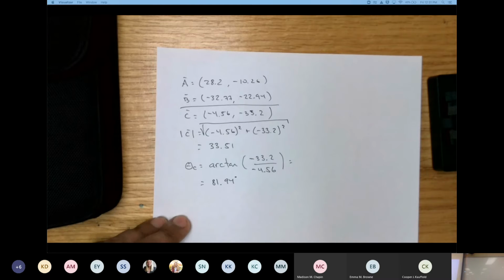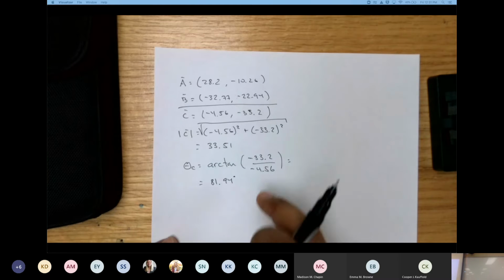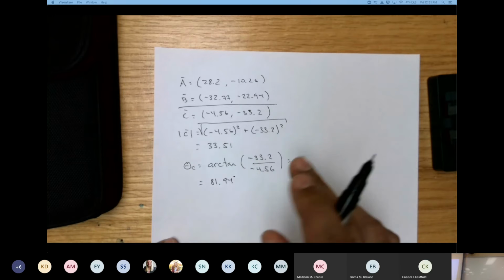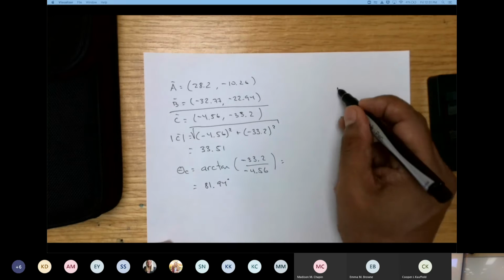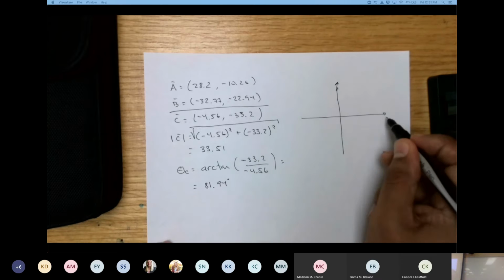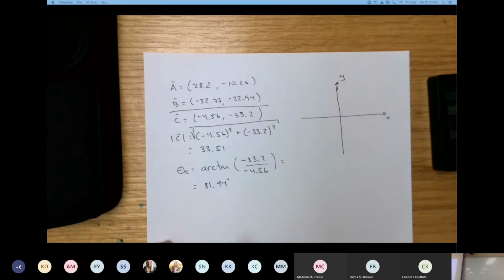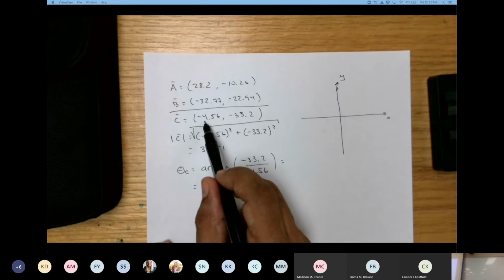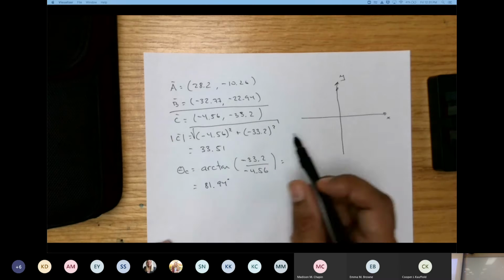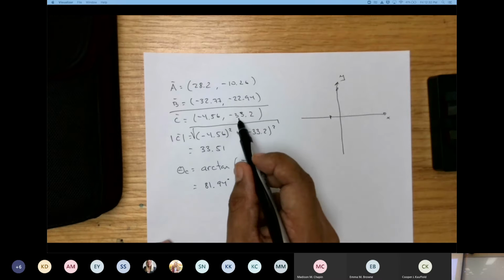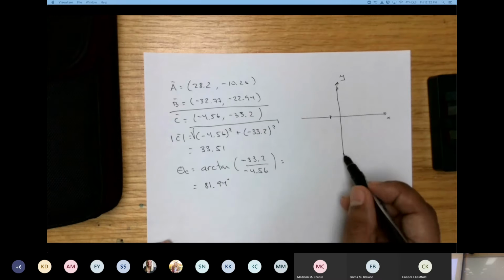Okay, I'm gonna try to draw this vector just to figure out where it is. If I just look at the components, I have my X component to be negative 4.6, so it's gonna be something like that. And then the Y component is negative 33, so it's gonna be way down here.